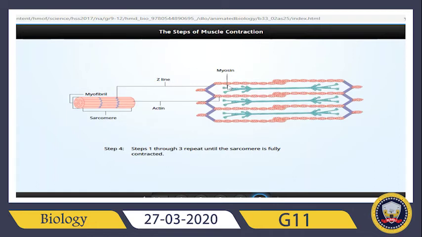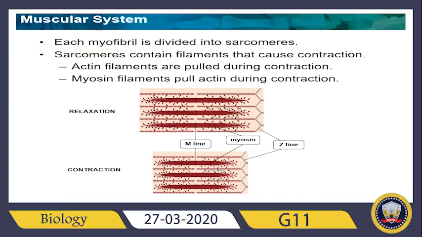The actin filaments are attached to each other, and the Z line and the M line disappear. So the sarcomere will become shorter. This is contraction. Okay? And this is how the contraction happens.